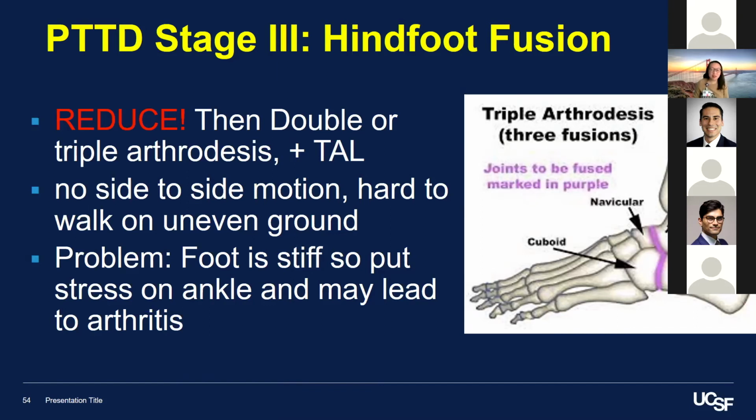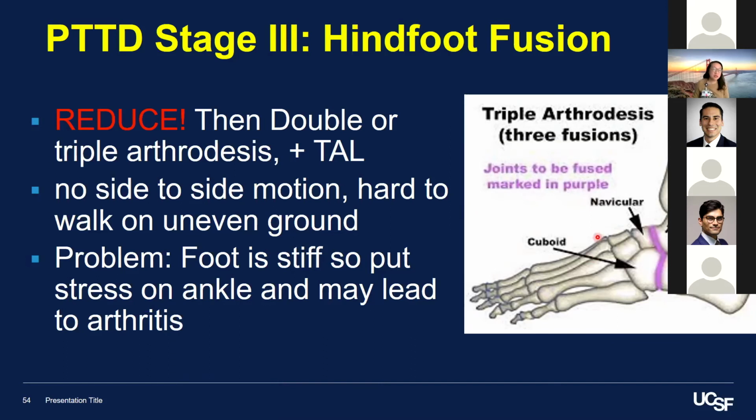Let's say they heal, and this is going to put a lot of torque on the ankle. And a lot of times patients who have an under-reduced hindfoot after a double or triple arthrodesis will go on to have very progressive valgus arthritis of their ankle, because now you've reduced it but didn't fully get it, and now their ankle is in valgus because it's putting so much stress on that deltoid. So it's really important to reduce these.